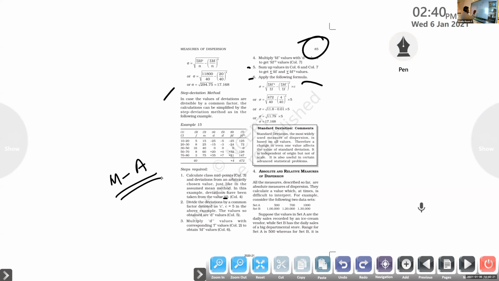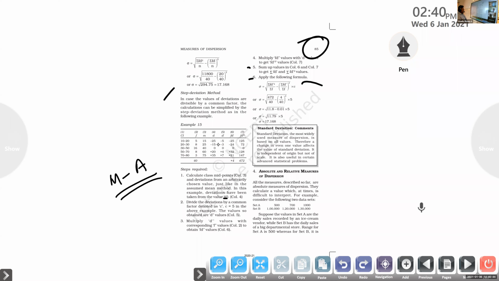So it is 15 minus 40, 25 minus 40, 40 minus 40, 60 minus 40, and 75 minus 40. So we got these numbers: minus 25, minus 15, 0, 20, and 35. Clear?